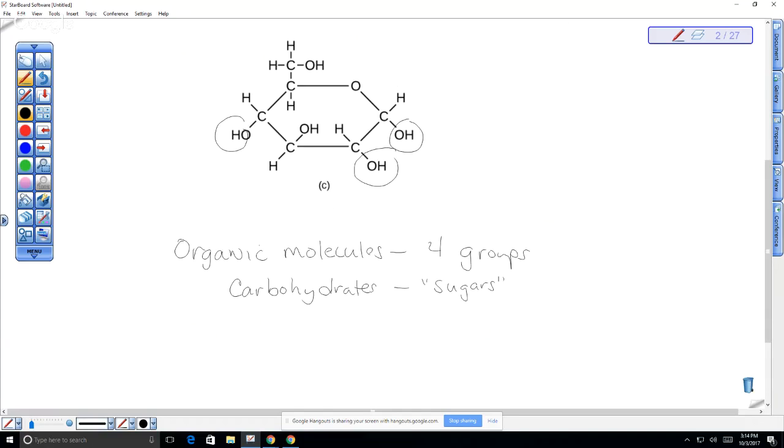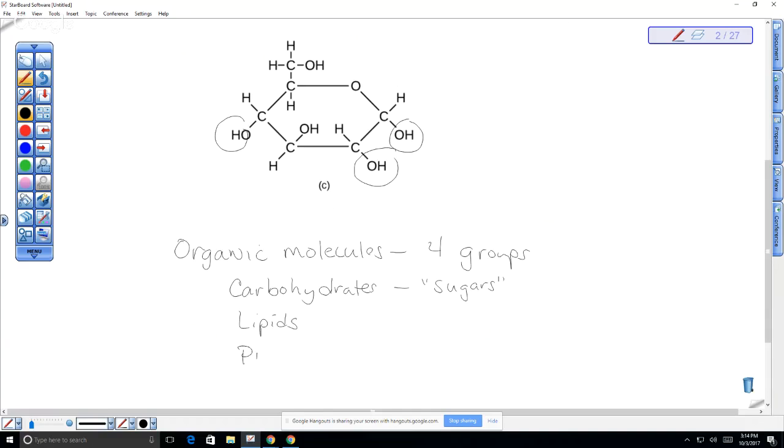We also have lipids. And so lipids are very different from other types of organic molecules because they tend to not be attracted to water. They're actually repelled by water. So if you think about fat, if you mix oil and water, they do not mix. It does not dissolve. It does not go into solution, right? So lipids tend to be not water soluble.